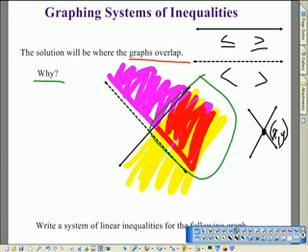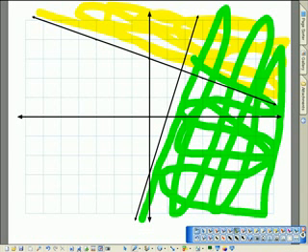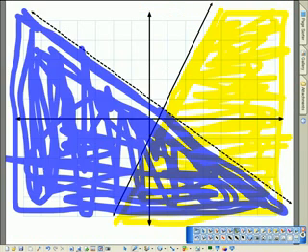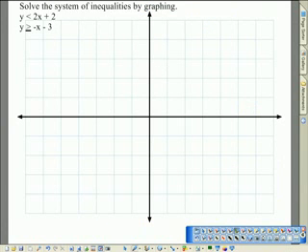Because it's an entire section, not just a couple of lines, because it's an inequality. There are two things you're going to do in this lesson. Either you'll be given the graph and you'll give me the system of inequalities, or given the system, you'll give me the graph.